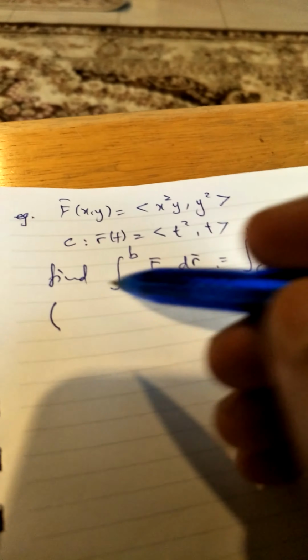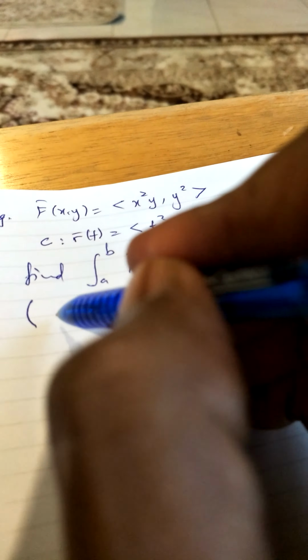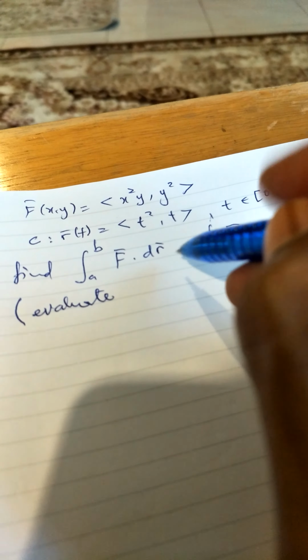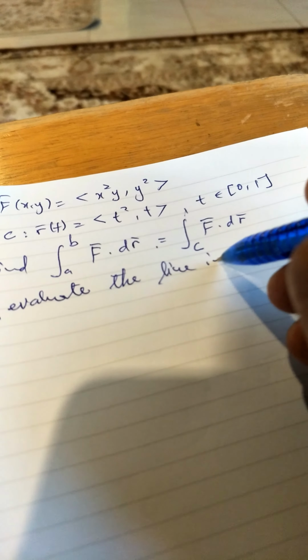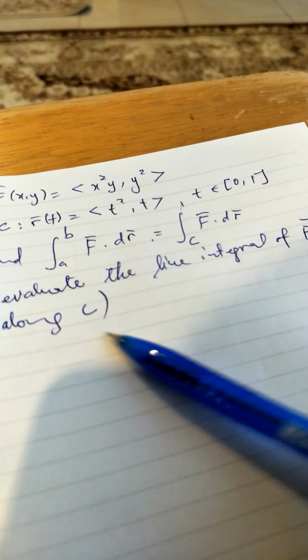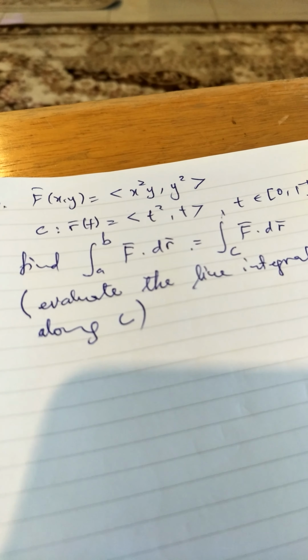Or in words, we can say evaluate the line integral of F along C. So all these have the same meaning. So how to do this?